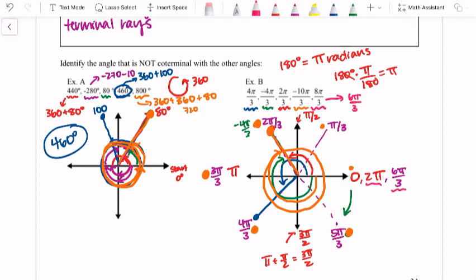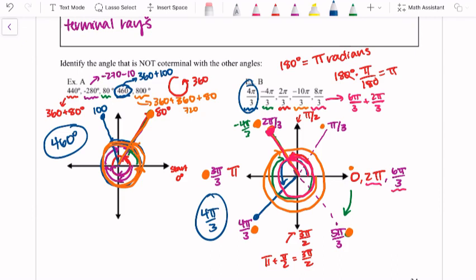That would be one full turn around, plus I need 2 pi over 3 more. So start here. Here's our 2 pi over 3. Those are 6 pi over 3, and then our 2 pi over 3 ends us back up here. So I think the first one that was non-coterminal with the others was actually the very first one. 4 pi over 3 lands you in a different place.